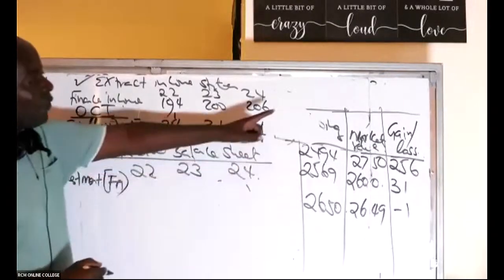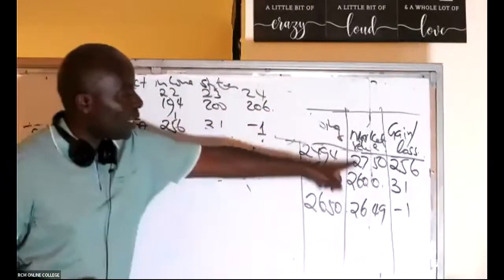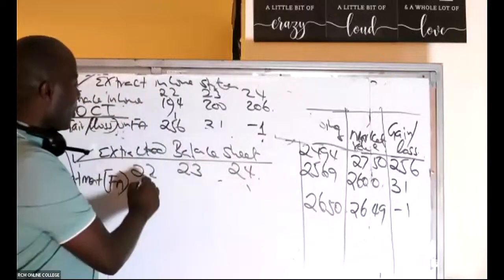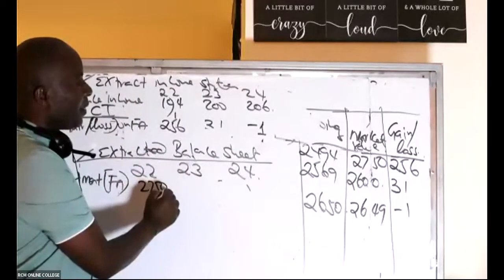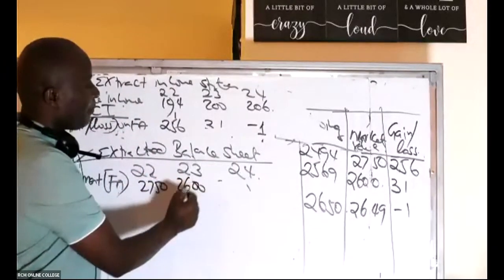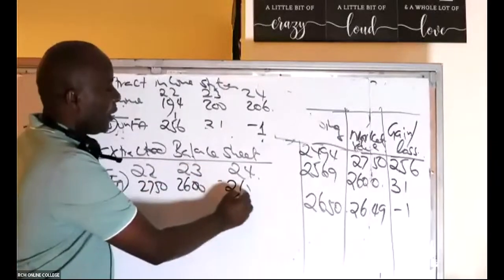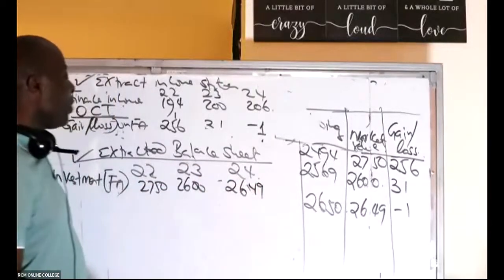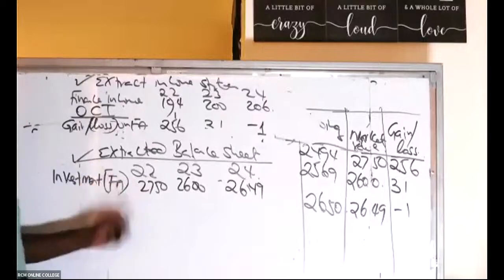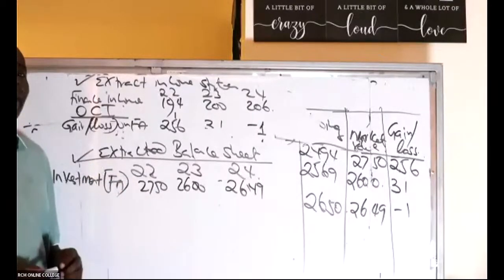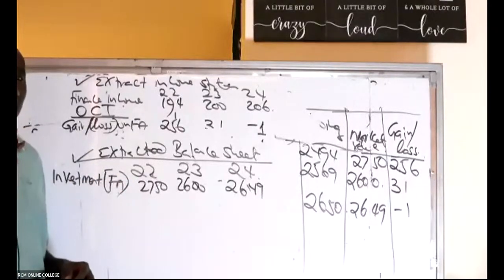So we have the fair values, the market values here: 2750, 2600, and 2649. If you wish, you can go ahead and break this down into current and non-current, but even if you leave it there, to me that is good enough.